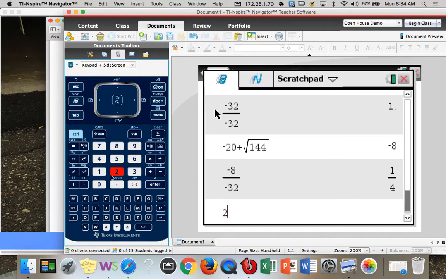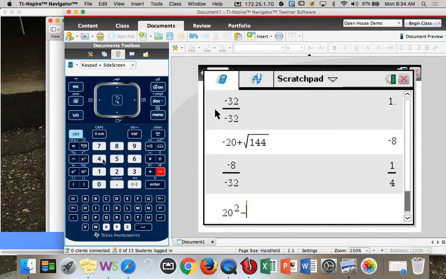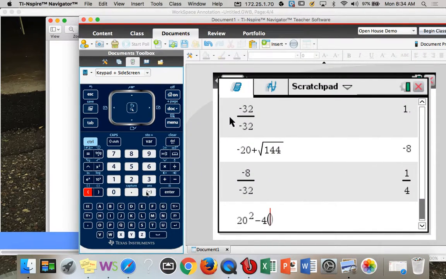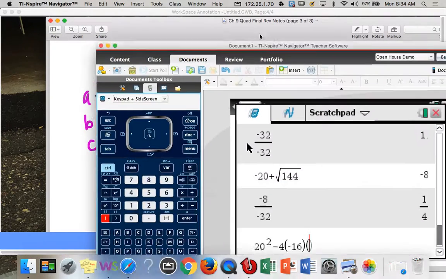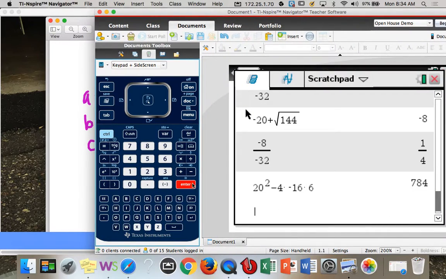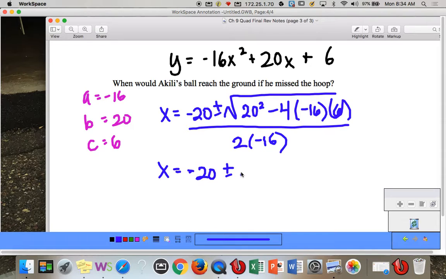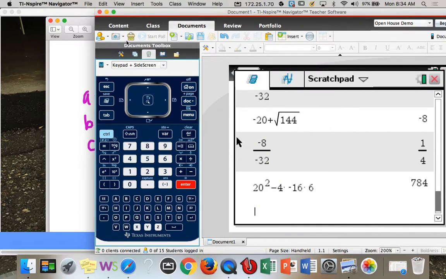I'm going to type in the discriminant. 20 squared minus 4 times negative 16 times 6. I guess that's 748. So 784.